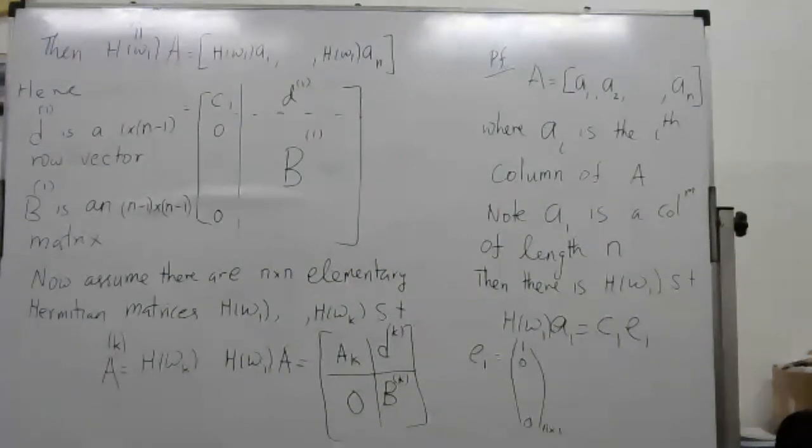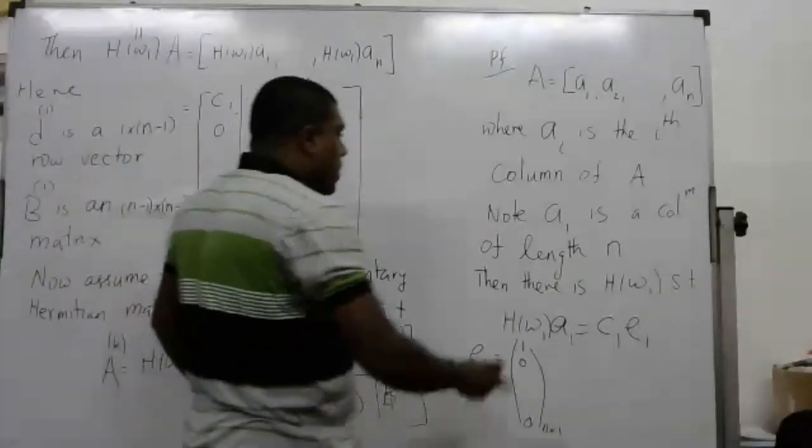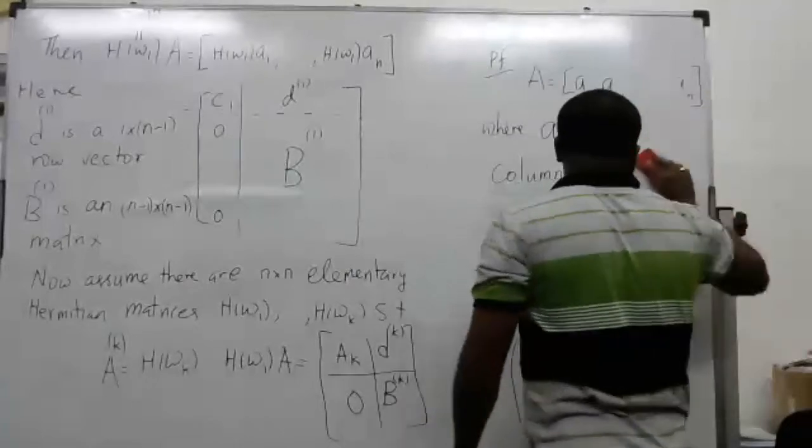The top corner is named Ak, the bottom corner is named Bk, the block below Ak is 0, and the block above Bk is named Dk. Let us see the sizes of these blocks and their special features.